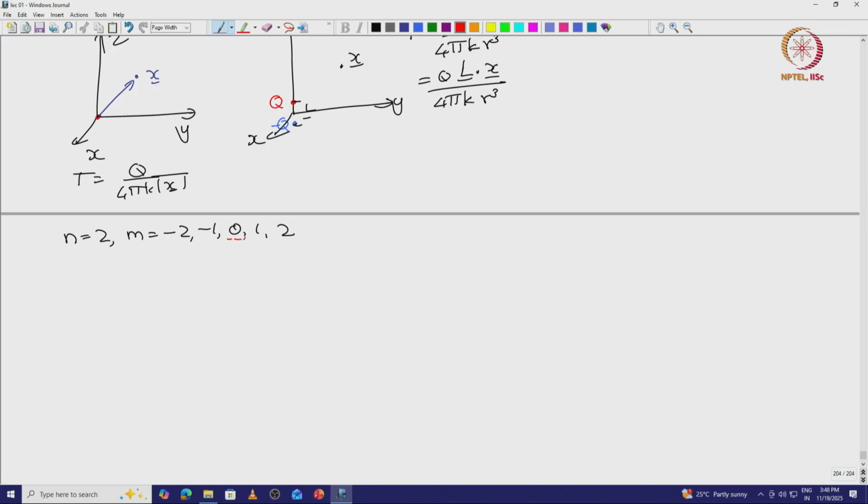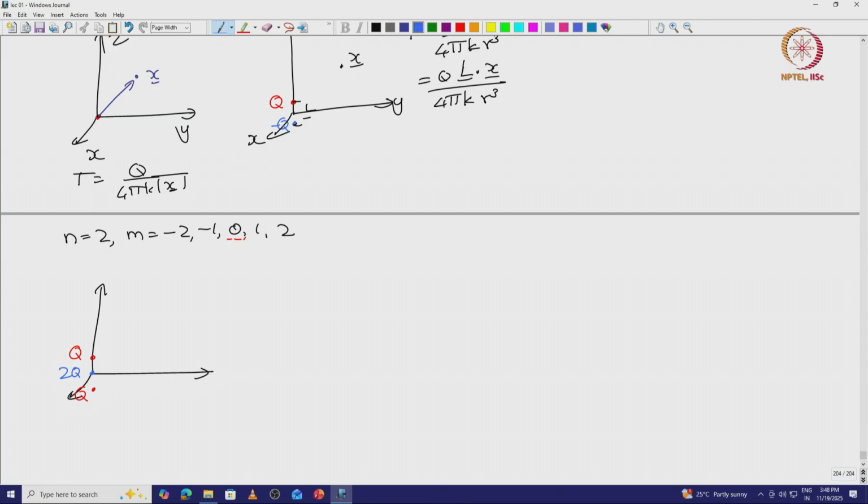For the particular case where m was 0, I had shown you that this is equivalent to sources at plus L by 2 and minus L by 2 and a sink at 0 of strength 2q, in such a way that if you go sufficiently far away, the net source is 0, because you have 2 sources of strength q and one sink of strength minus 2q.